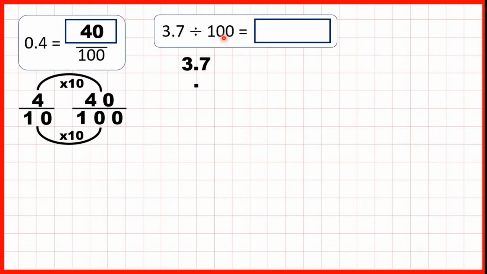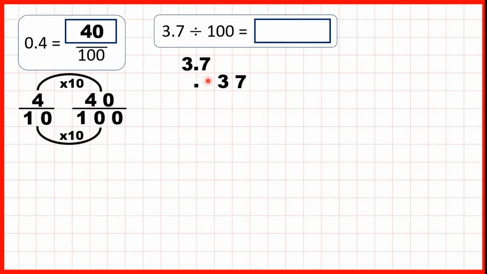And we're dividing by 100, which has 2 zeros, so the digits move 2 squares to the right. So we can copy this 7 down, 1, 2 squares to the right, and do the same with this 3. But now we've got empty squares either side of the decimal point.